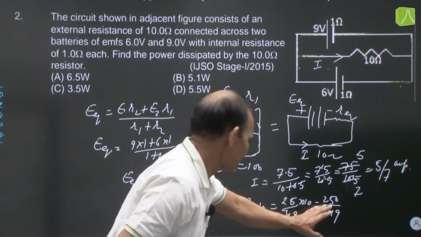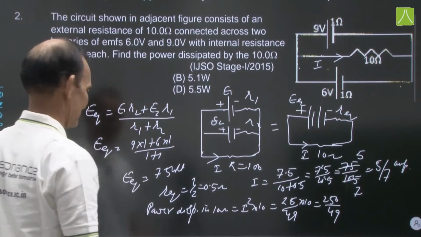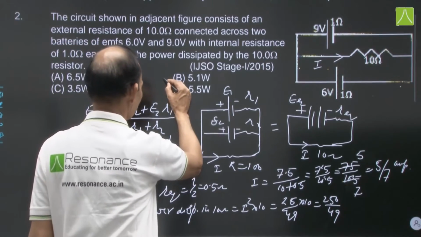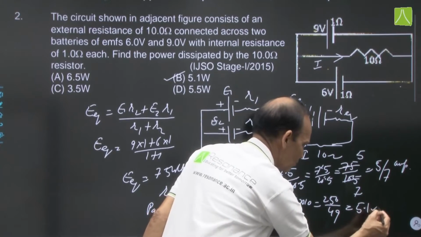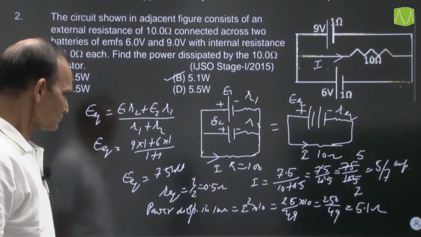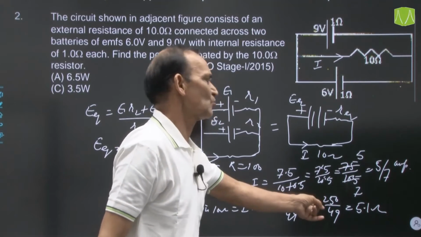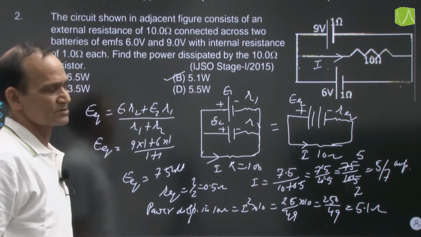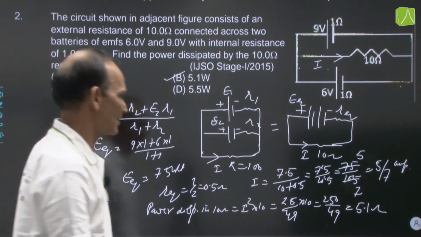If it is 50, then it must be 6. Now, less than 6, that is 5.1. If it were 50 by 10, then it is 5, but it is 250 by 49, which means somewhat greater than 5, that is 5.1. So it is the answer, 5.1.